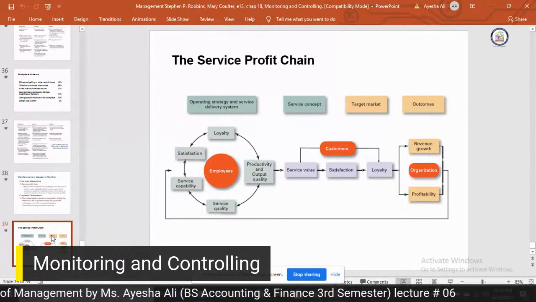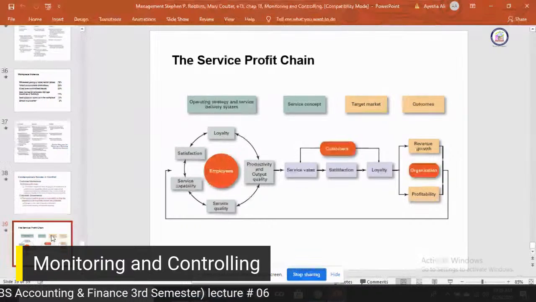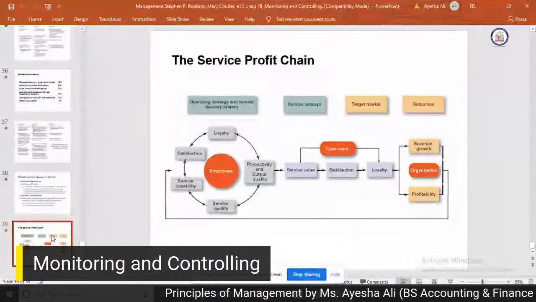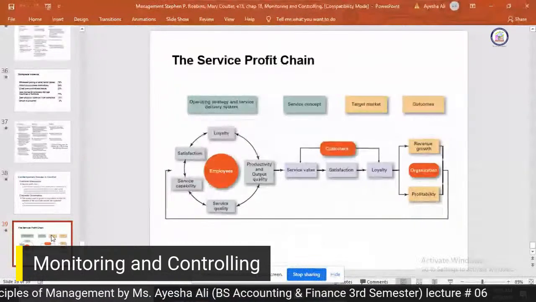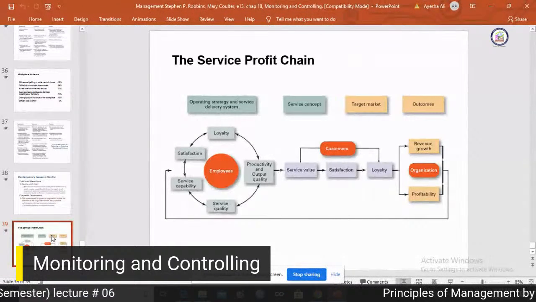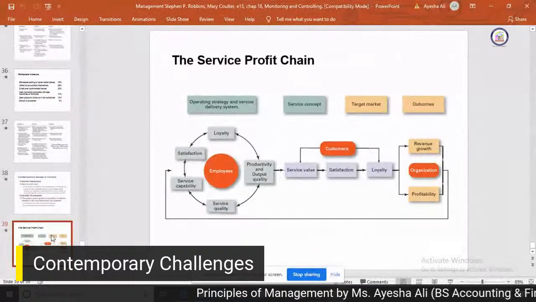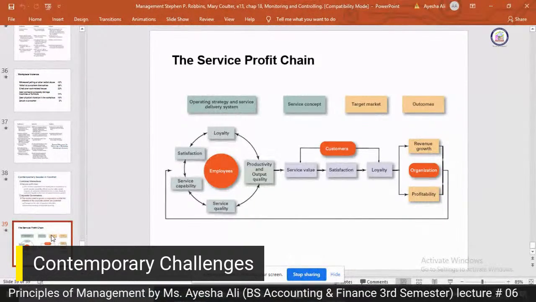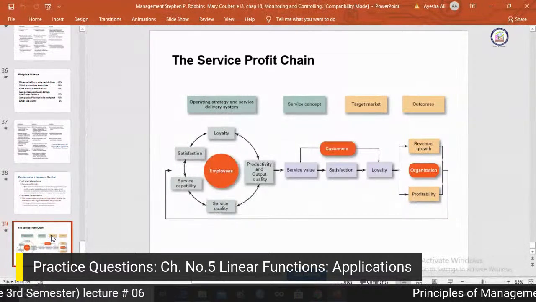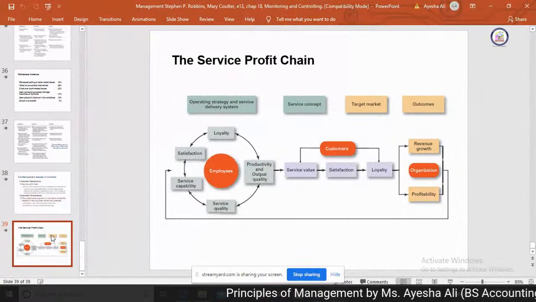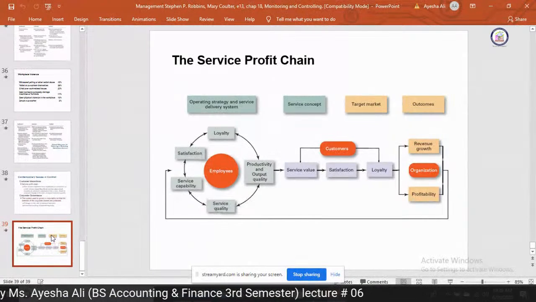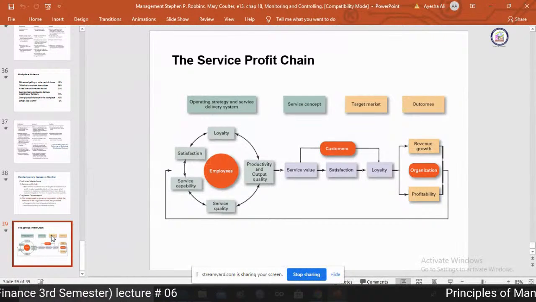If the employee is loyal and satisfied, with service capability, and is providing good service and service quality to their customers, and if the employee is productive, with output quality, providing efficient and effective output and maximum output, then ultimately the customer is satisfied and loyal and values the service because they love the service of the organization.